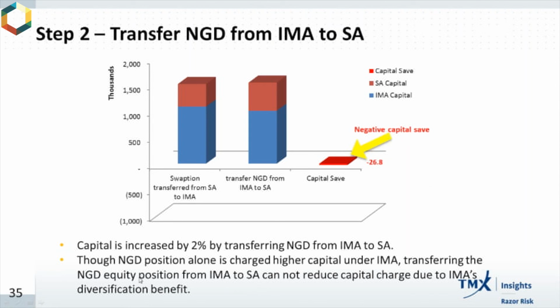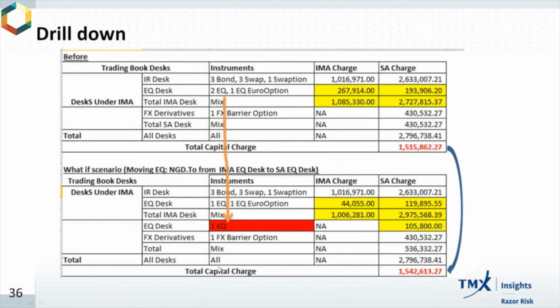The reason is, although the NGD position alone is charged higher capital under IMA, moving it to SA cannot reduce capital because of the IMA diversification effect. And you can see that effect in the detailed number drill down.